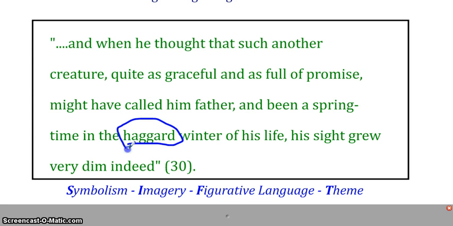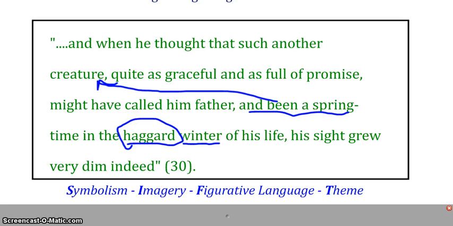I'm not sure what it means, but it doesn't sound very positive. And then I notice winter here. I don't think they mean the actual winter. And then springtime, I believe, refers to the creature up here, which is actually the daughter.